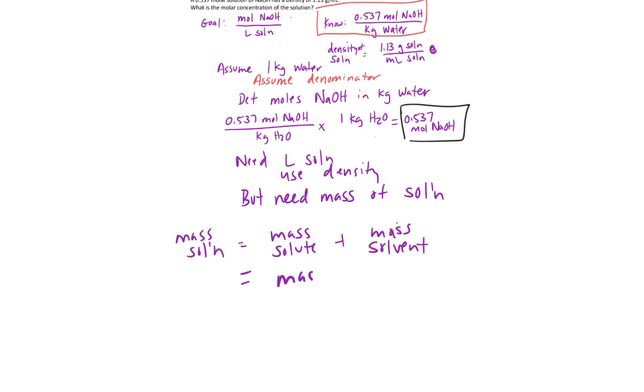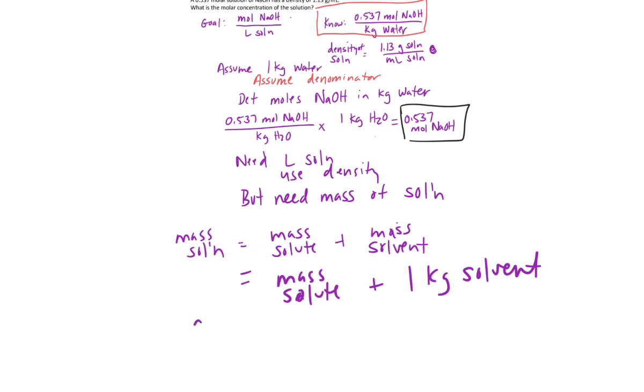So this is going to be mass solute plus 1 kilogram. This is our assumption. In our assumption, we have 0.537 moles of the sodium hydroxide, 1 kilogram of solvent.